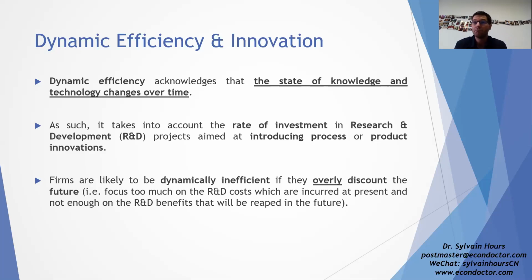So if they do not sufficiently invest because they overly discount the future, we will say that they are not dynamically efficient. What they do today might be efficient from a static perspective. They might be able to make more profit today if instead of investing in research and development, they choose to invest in advertisement.